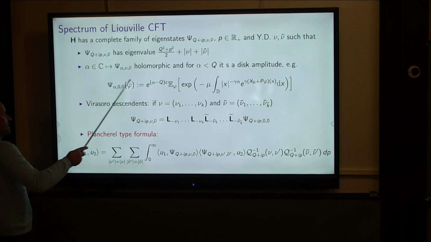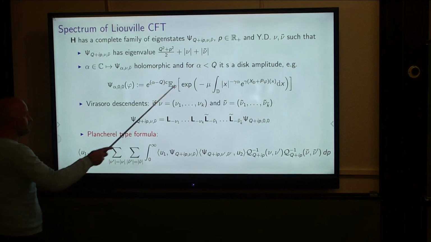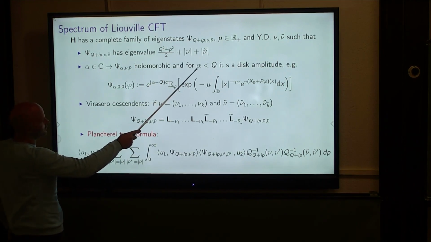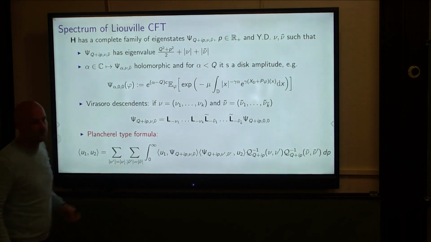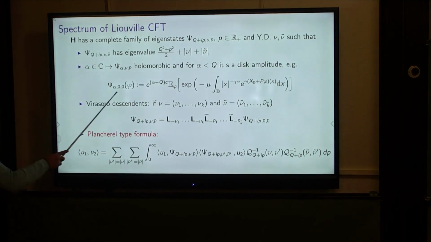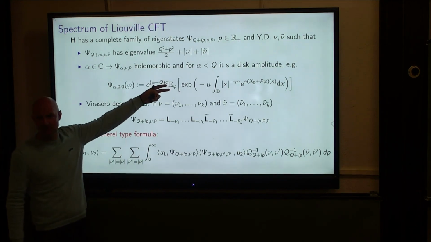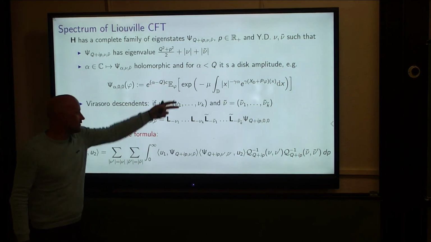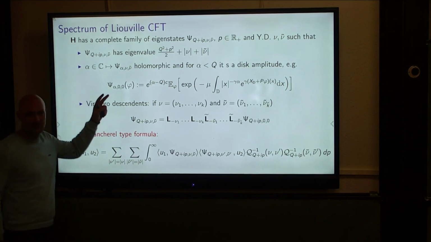We know that these guys have a holomorphic continuation, and if you reach the probabilistic region, then you even have a probabilistic formula for these guys. When the Young diagrams are empty, so this is the primary states, if you want, in the Liouville setup. We also have probabilistic formulas in the probabilistic region for the descendants, but I don't write it on the blackboard.